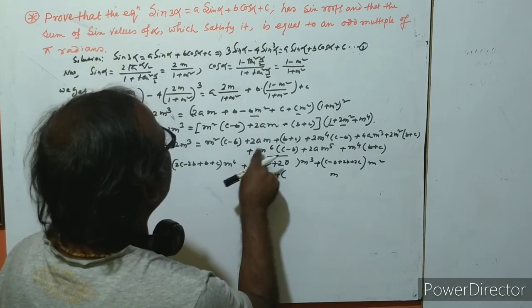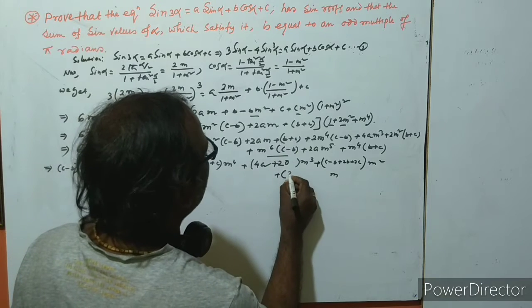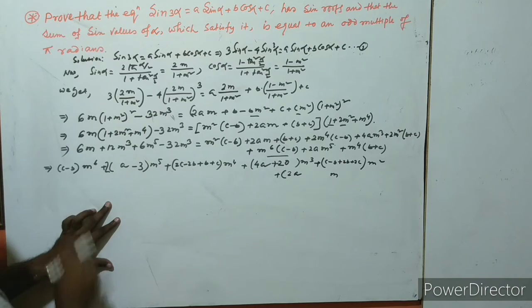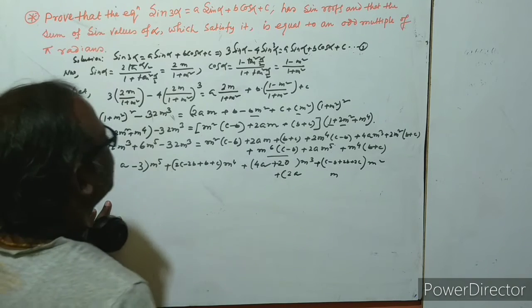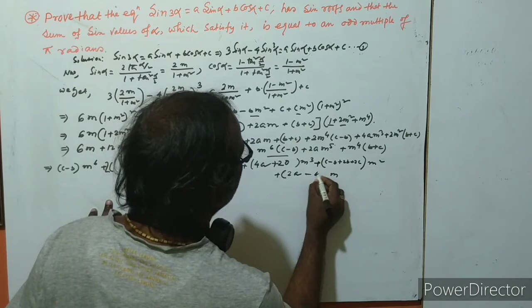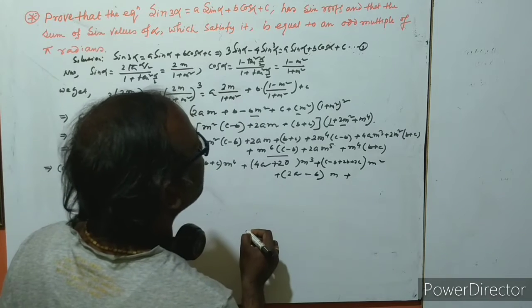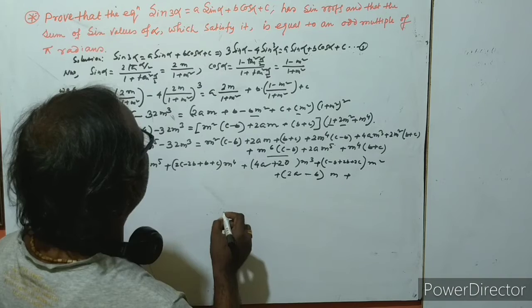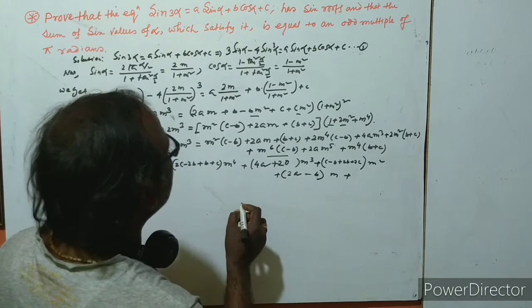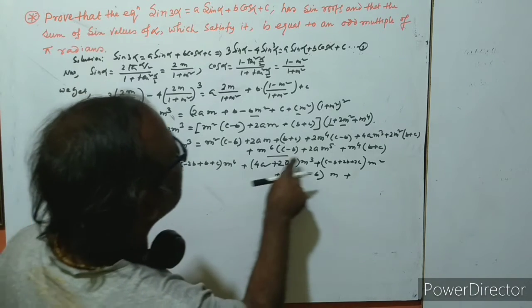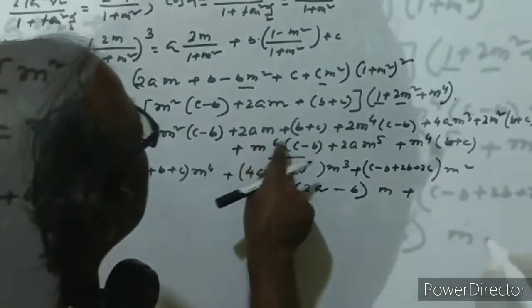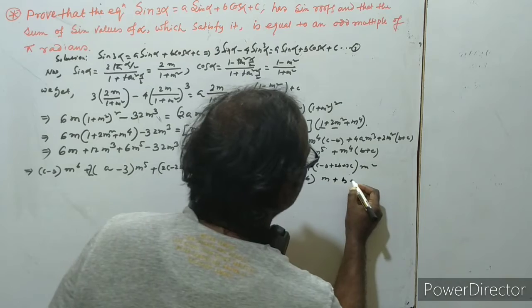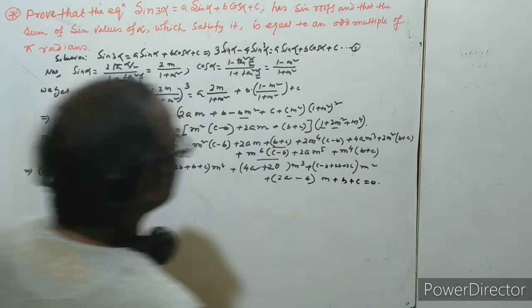Here, this is 2a, on the left hand side is 6, so that is 2a minus 6, and the constant term here is, okay.